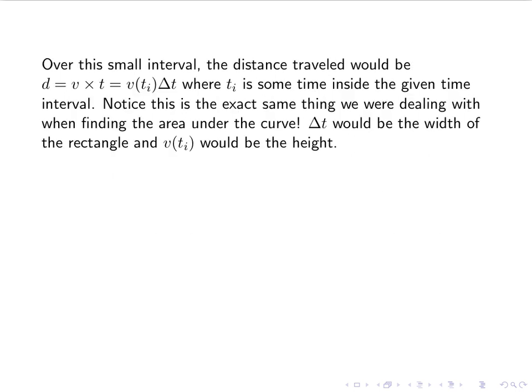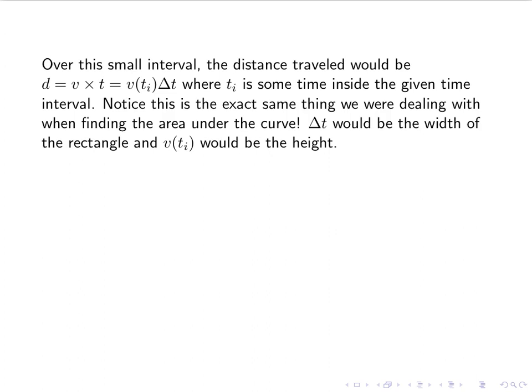So over that very small time interval, if we assume velocity is constant, we can use that d equals v times t formula. V would be the velocity at some time in that time interval, so again, that t sub i. And the t, the time, is delta t, the change in the time. Now notice this is the exact same thing we were just doing with our Riemann sums.